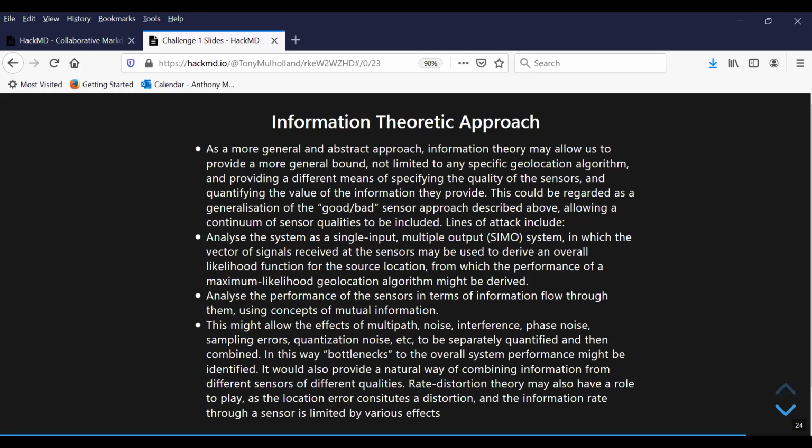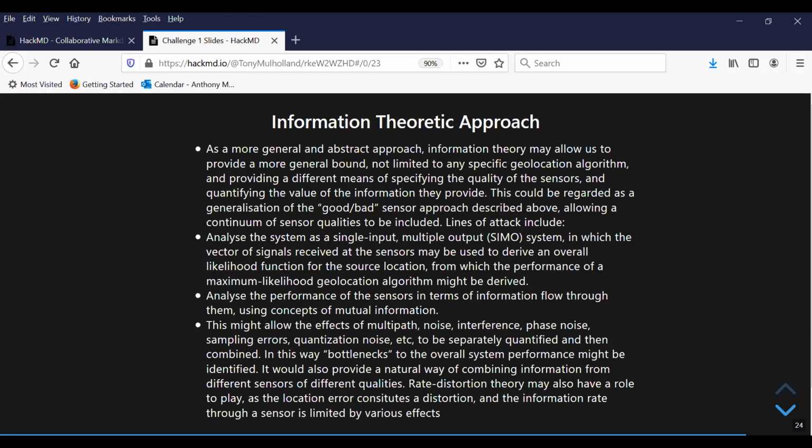The other thing would be to analyze the performance of the sensors in terms of information flow through them. And that we could then use to characterize the multipath noise, etc., and find bottlenecks to the overall system performance, which again was one thing DSTL seemed particularly interested in.